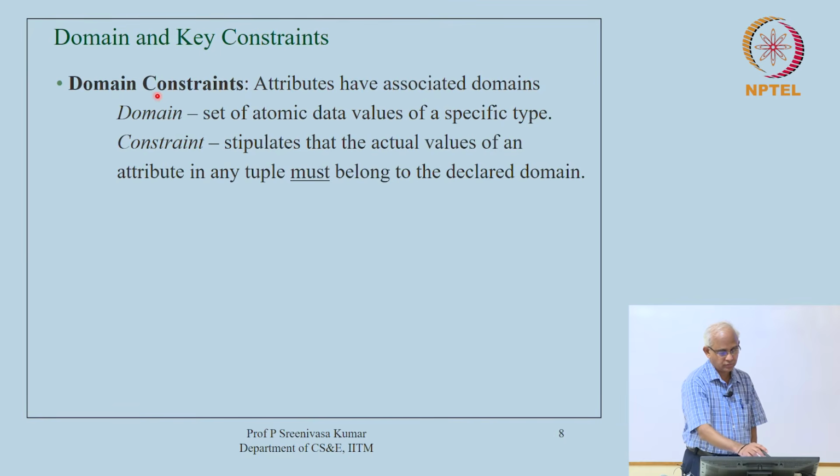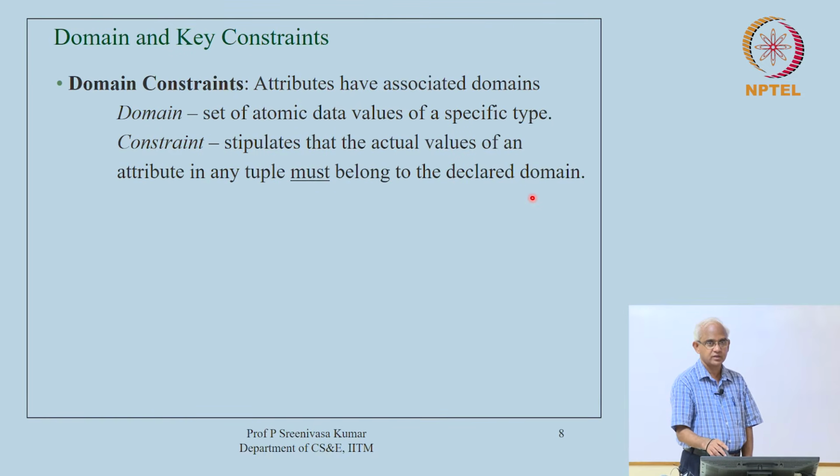So attributes have associated domains, as I already mentioned, and the domain is nothing but a set of atomic data values. So, the constraint here specifies that the actual values of an attribute in any tuple in the relation instance must indeed belong to this declared domain. Okay.